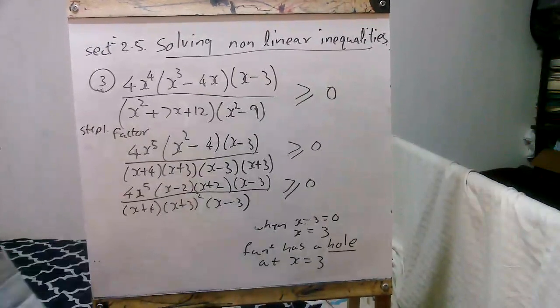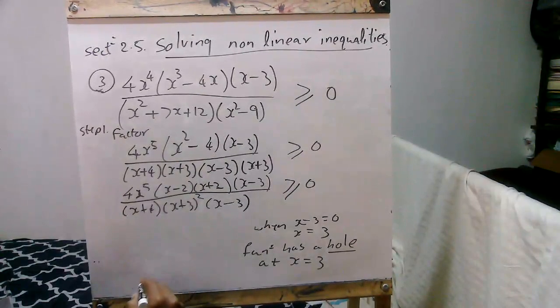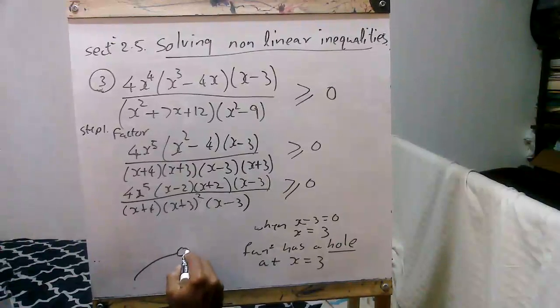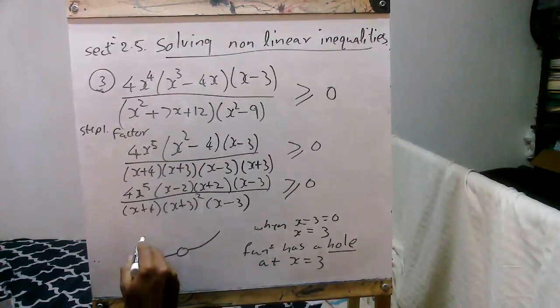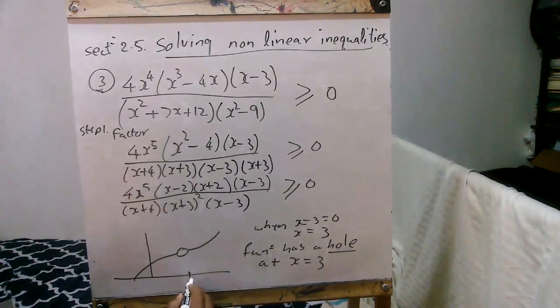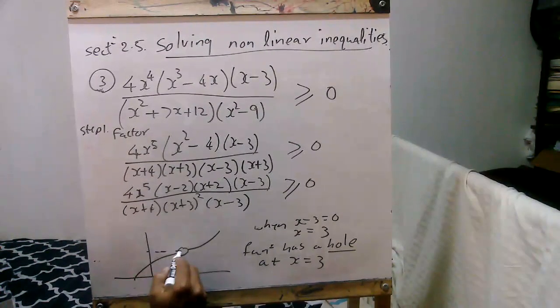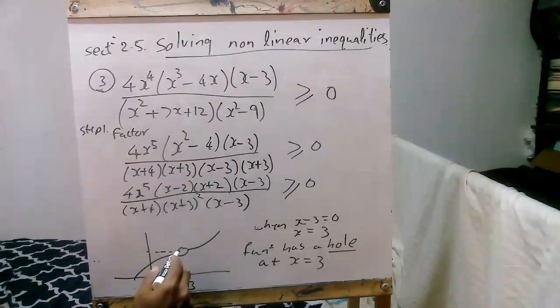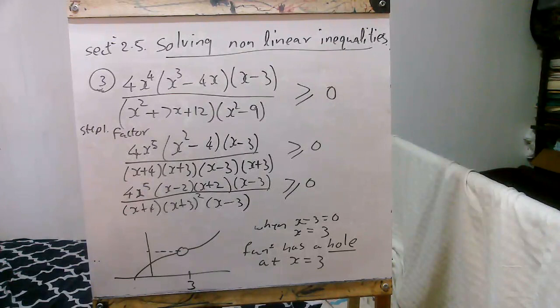At x equal to 3, the function will go like this. It has a hole, which means at this point it is not defined. This is x equal to 3. It is undefined at this point, but it is defined before 3 and after 3.